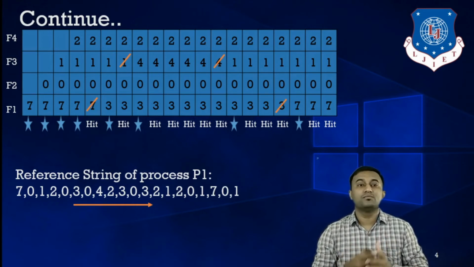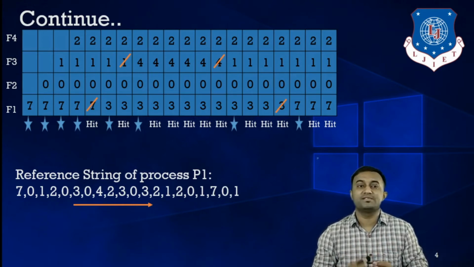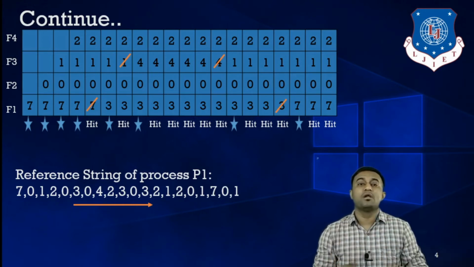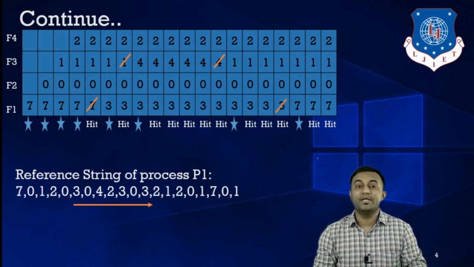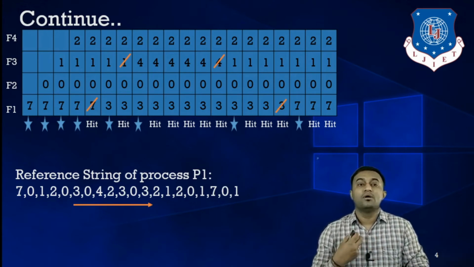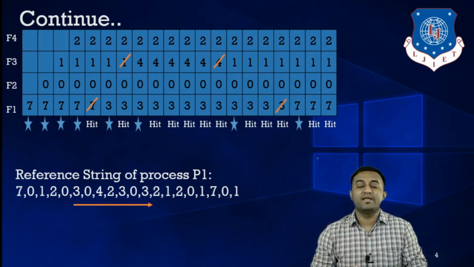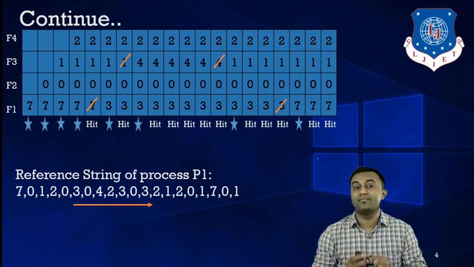This 7 is easily accommodated because the table was initially empty. When the CPU demands page number 7 of process P1, we do not have that page in main memory directly.